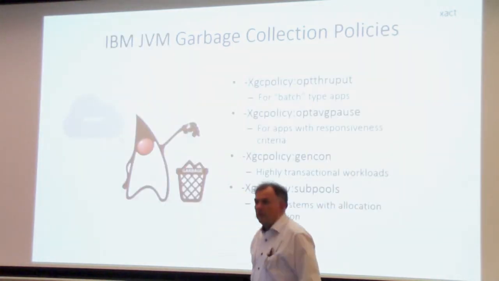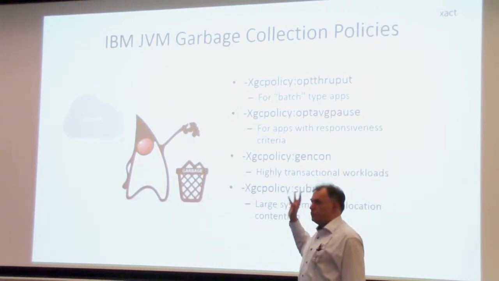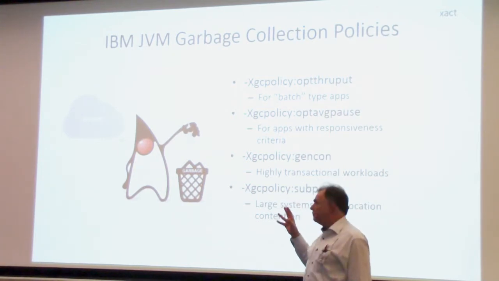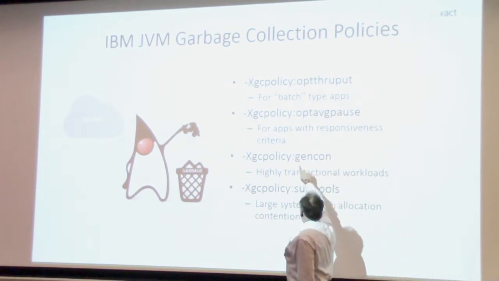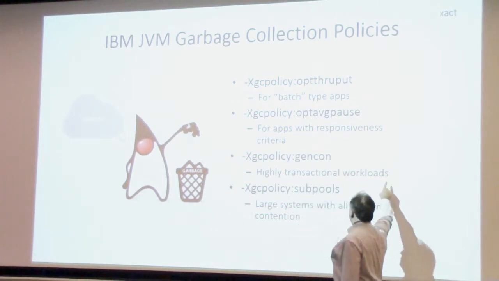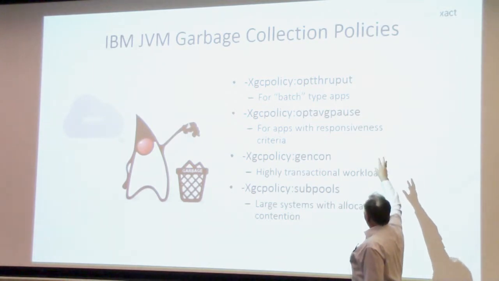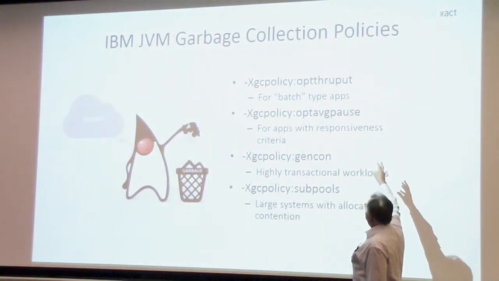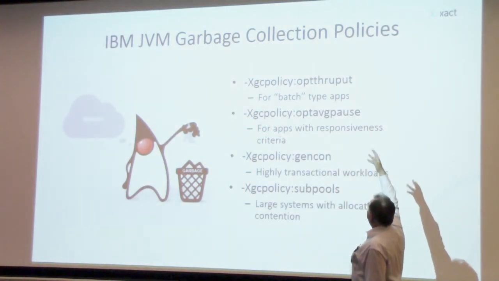So, they have 4 different policies, and that's a definition you set on the JVM when you start the JVM. When you run inside Kix, you normally use generational concurrent garbage collection, which is good for high transactional workloads. But if you have an application with responsiveness criteria, you might use optimum average pause, or for batch you might use this.